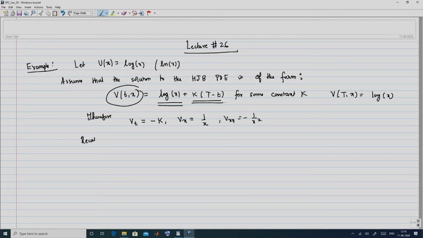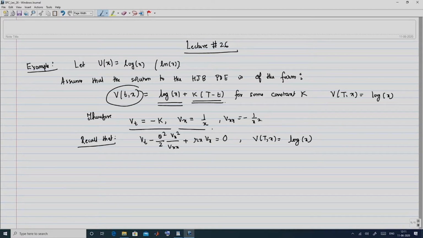Now recall what the HJB equation was: V_t minus theta square over 2 times V_x square over V_xx plus r x V_x is equal to 0, subject to the condition that V(T, x) is equal to log of x.